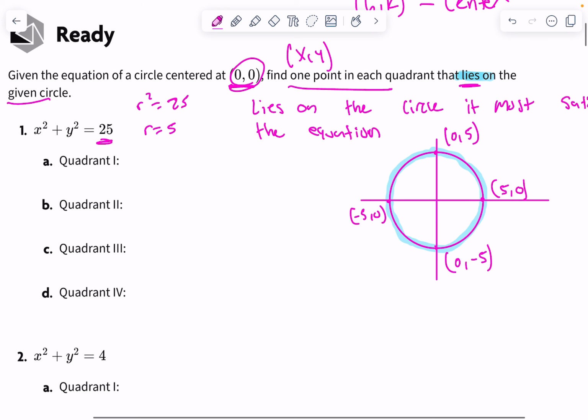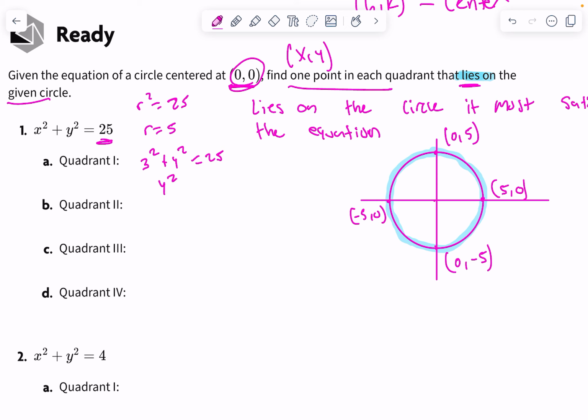So, I'm gonna go off and kind of just think about a number between 0 and 5 for x, right? We'll call it 3. So if I want x to be 3, that means that this is 3 squared plus y squared is 25. And why don't I just put a magic number? Why don't I just do like 7 for y? Because it won't work out. It won't equal 25, right?